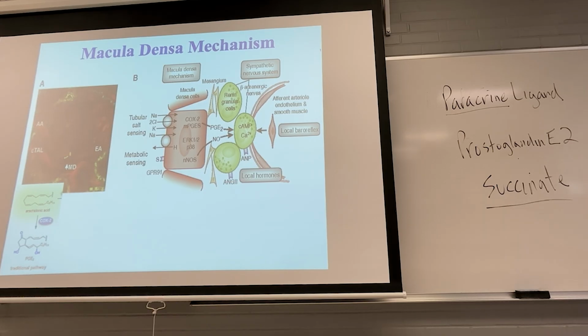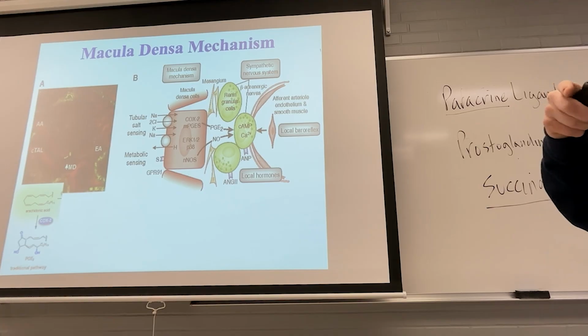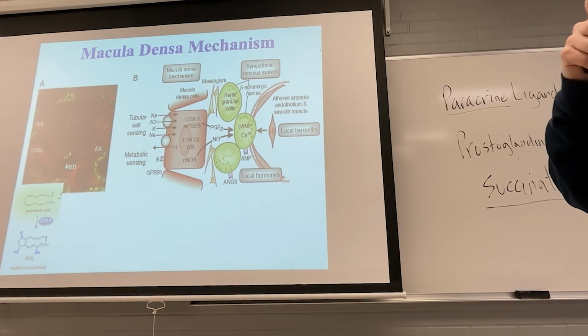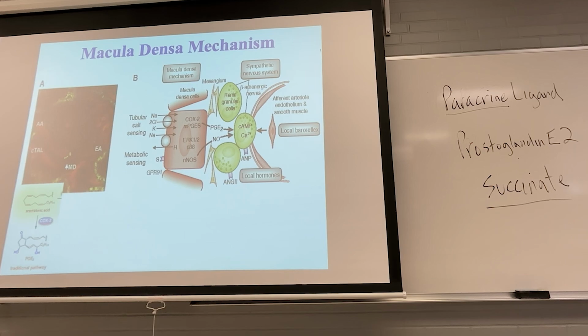And what's going to happen to filtrate flow if blood pressure drops? Is it going to increase the speed of the filtrate, or decrease the speed of the filtrate through the nephron? Decrease. A drop in blood pressure affects afferent arteriole pressure, which is going to slow filtration and slow the filtrate's flow rate.